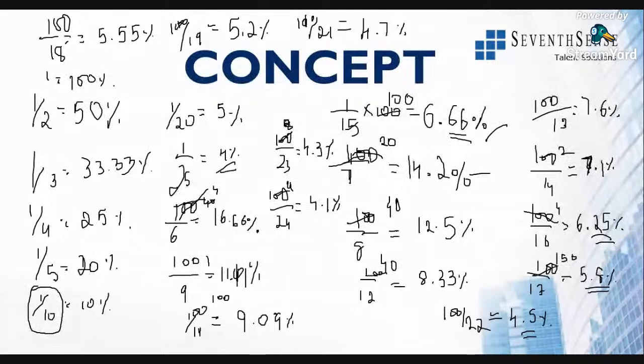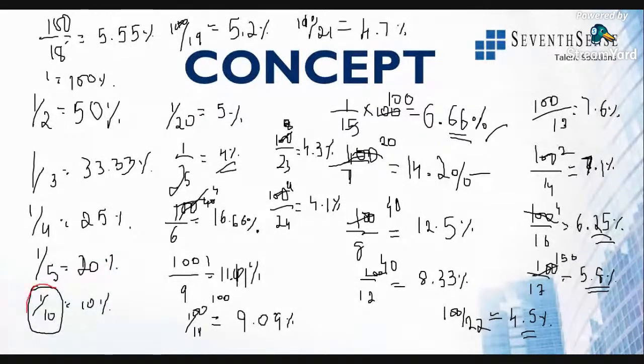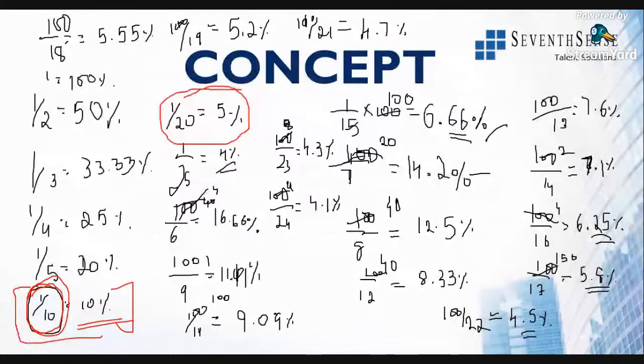I'll just mark it in red so that you will not forget. 5% here is 1 by 20. Then 1% is the 1 by 100 value. If you just remember the 10% value, it will be easy to approach.